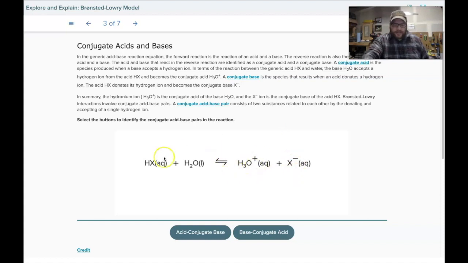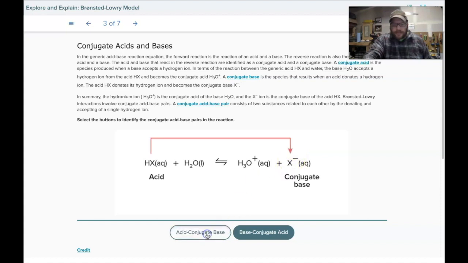Let's take a look at some examples here. So here again we have our generic equation, and we said the hydrogen up front here could give up a hydrogen, so that's going to be our acid, and it becomes this guy right here, which becomes our conjugate base. So our acid turns into our conjugate base. Why is this a conjugate base? Well, because if we ran it backwards, this thing could accept another hydrogen ion.